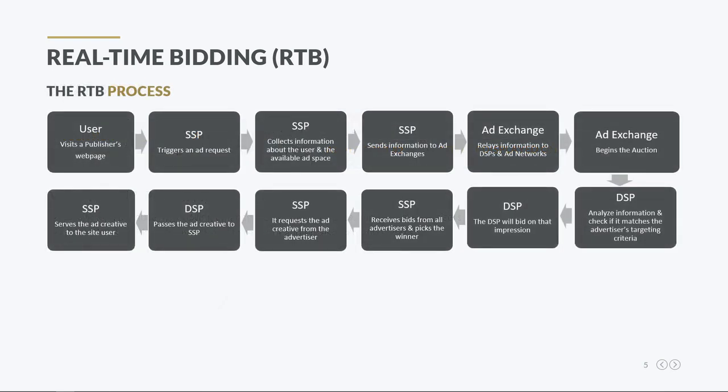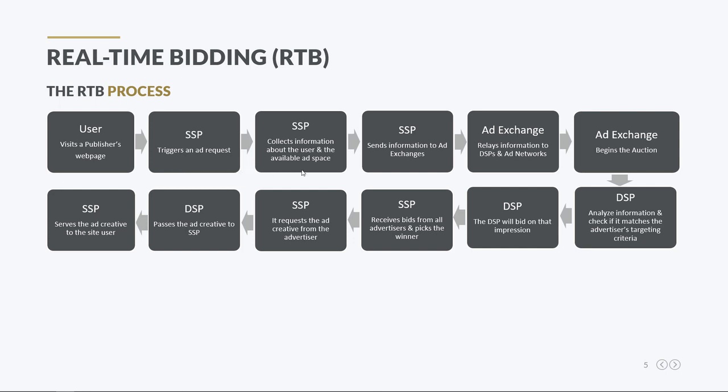Now let's see in greater detail how real-time bidding works. The entire process begins when an internet user visits a publisher's webpage that contains an ad space. Before the page loads, the publisher's site or app sends a message to the supply-side platform saying that there is an available impression for sale, so it basically triggers an ad request.